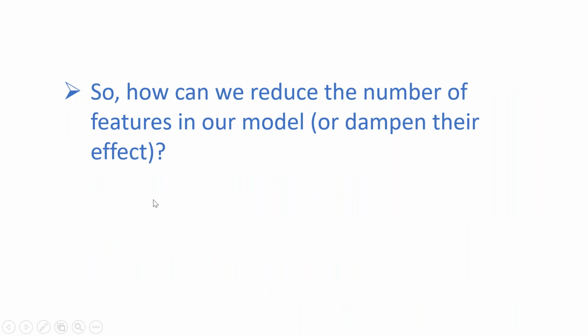So how can we reduce the number of features in our model? That is the goal now. Somehow I have to reduce the number of features. In our 100 by 100 case, what is the equation? Y hat equals beta 0 plus beta 1 x1, plus beta 2 x2, plus beta 3 x3, and I will go on and on, and my final term is beta 100 x100.